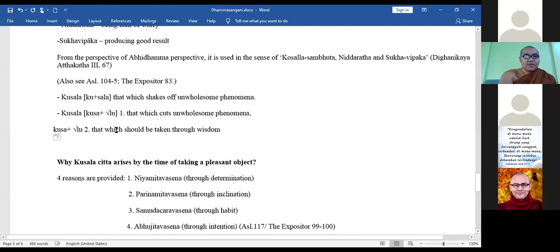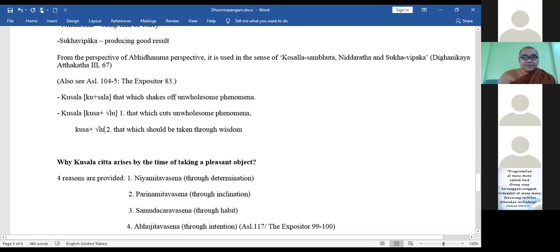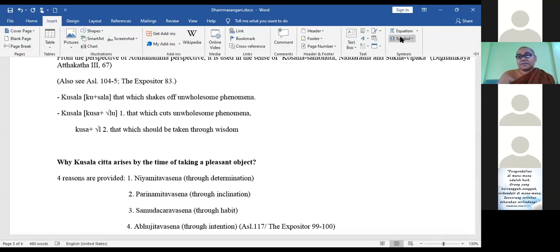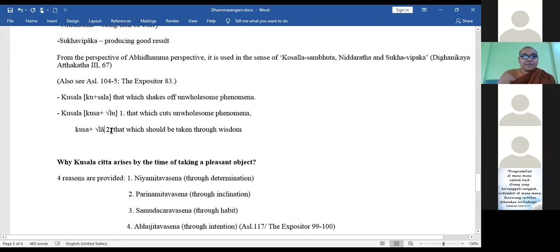Yeah, I will correct it again. Kusa, root la. Wait. La means to cut. Okay.